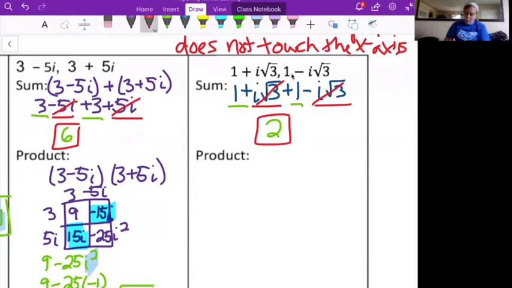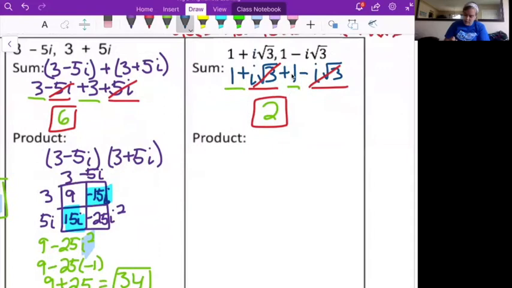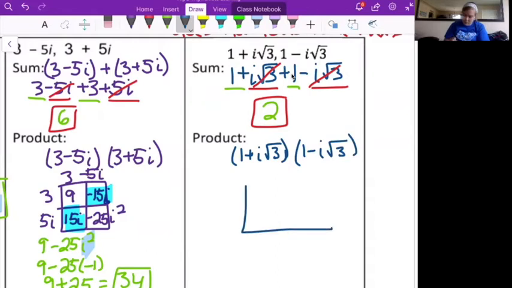And then when we do the product, again, this means that we're taking 1 plus i root 3 times 1 minus i root 3. So I make a box. I'm going to make it a little bit bigger so I have enough room for everything. This would be 1, i root 3, 1, negative i root 3.